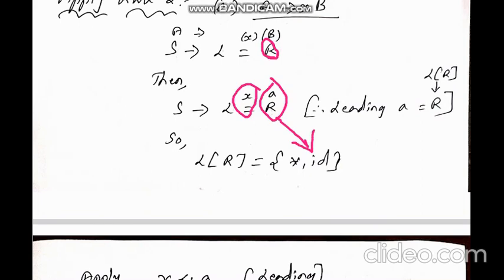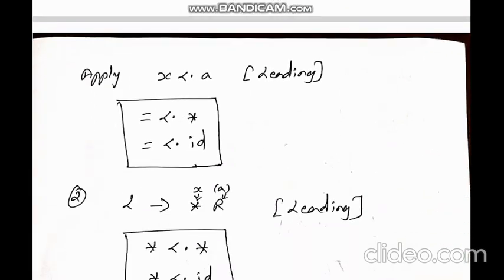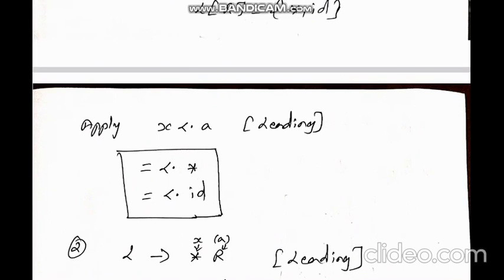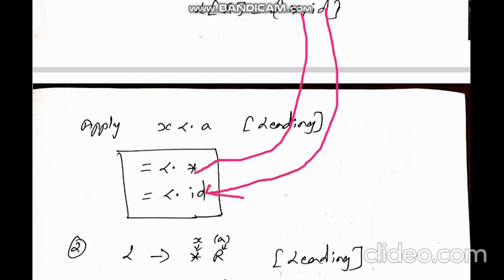Leading of R is equal to asterisk comma ID. So remove this B, and all the values inside this R will be taken for A. So if you apply this rule, X leading A, X is equal to, you can check it there, this small a is asterisk and this small a is ID.